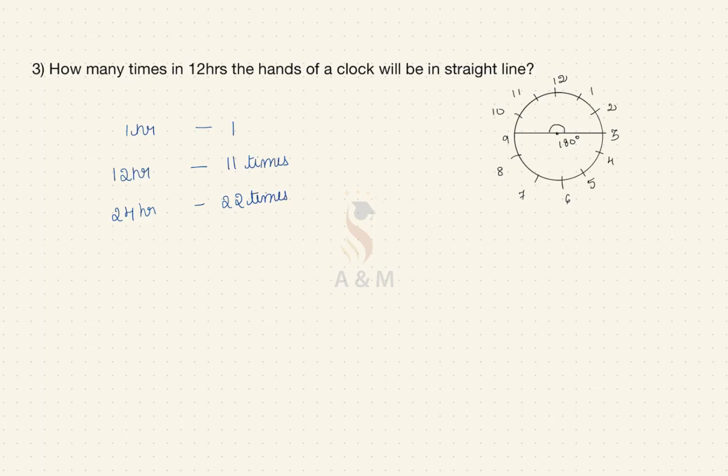Why is this? Because between 5 and 7, they point in opposite directions at 6 o'clock. Clear? Let's move on to the next question.